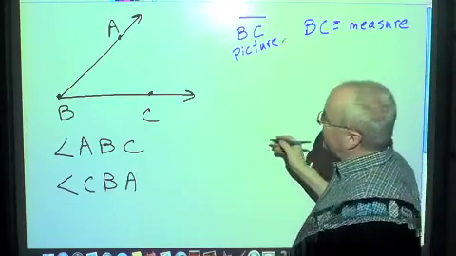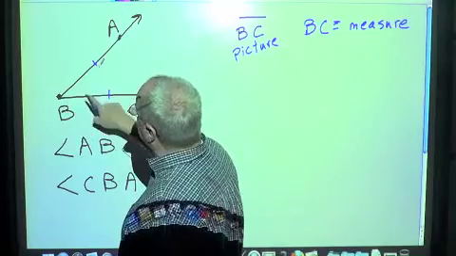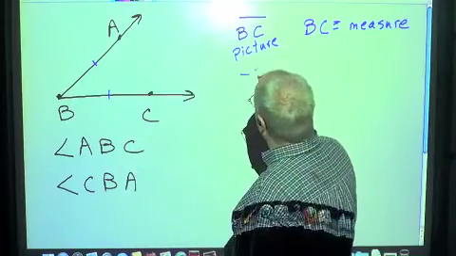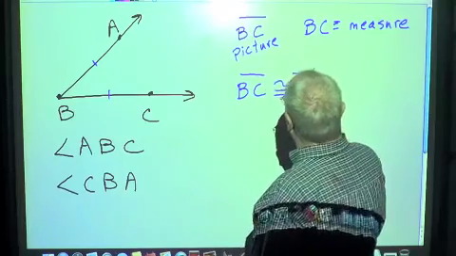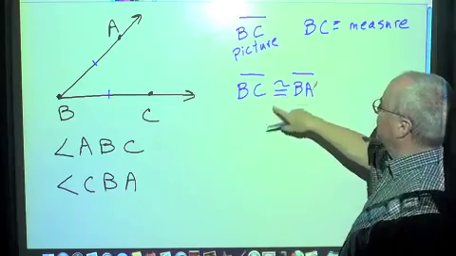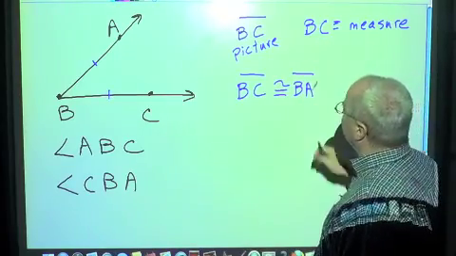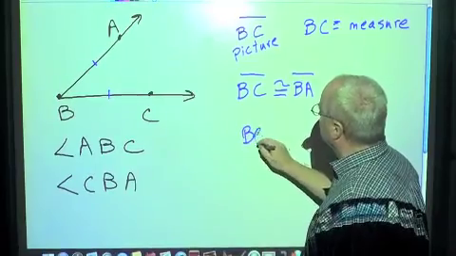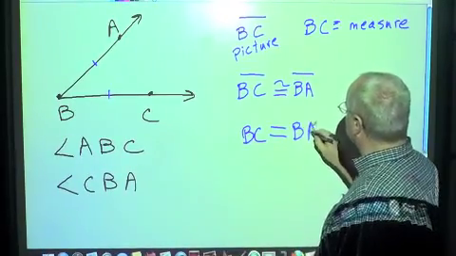We also said that if the measure of BC equaled the measure of BA, we can have this: segment BC is congruent to segment BA. Picture is congruent to picture. Or we can say that the measure of BC equals the measure of BA.